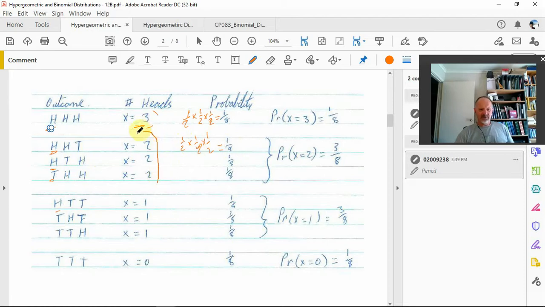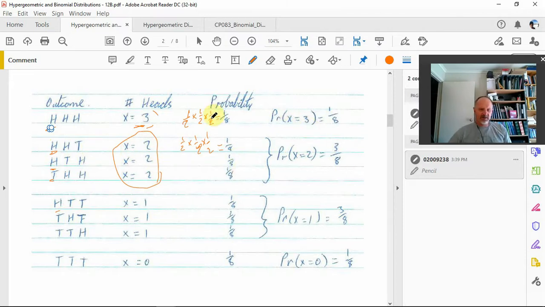But now, because we're grouping it into 2 heads, we're not necessarily interested in the individual outcome. What we're interested in is the overall outcome. So we're not interested in whether they got 2 heads first or 2 heads last. We're just interested in 2 heads. All right, and there's 3 of them, and 3 lots of 1/8, of course, is 3/8.